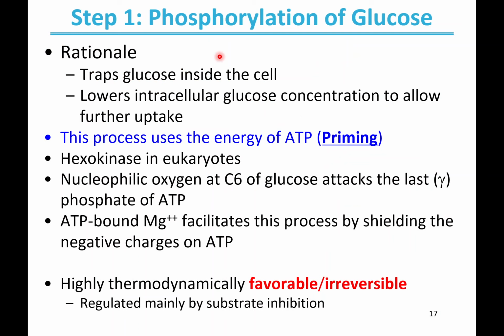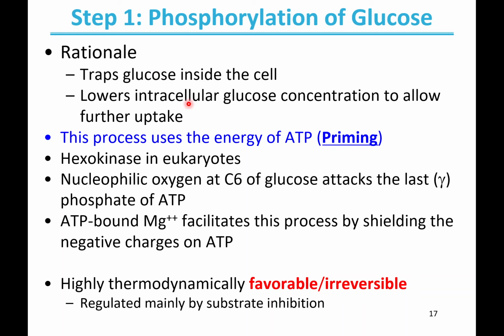The rationale behind adding a phosphate to glucose in this step is that the glucose by itself can very freely go in and out of cells. When you add a phosphate group to it, it traps that glucose inside the cell.